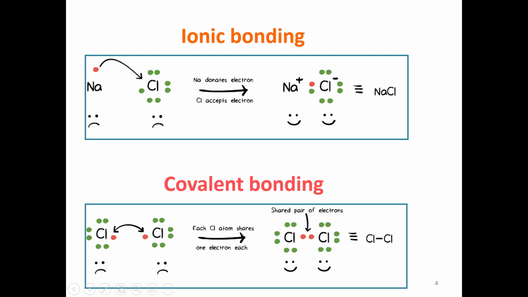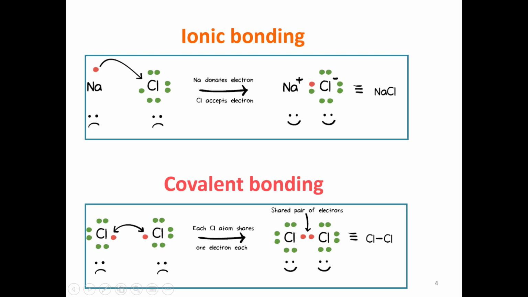Now both are stable, as the electron configuration is similar to that of the noble gases. Then this positive and this negative ion attract and form the new substance, sodium chloride.